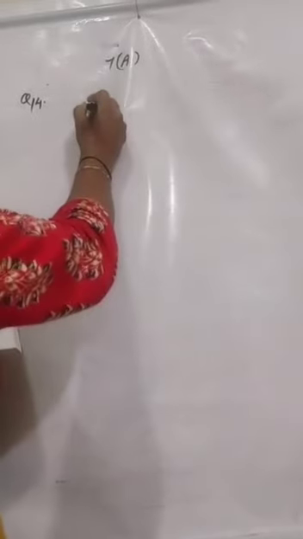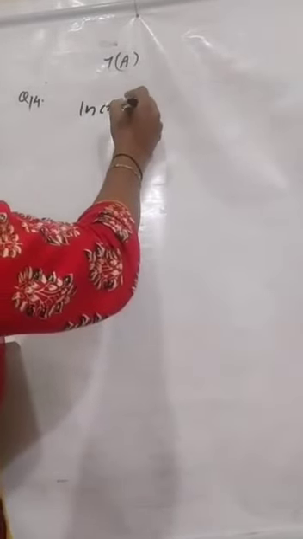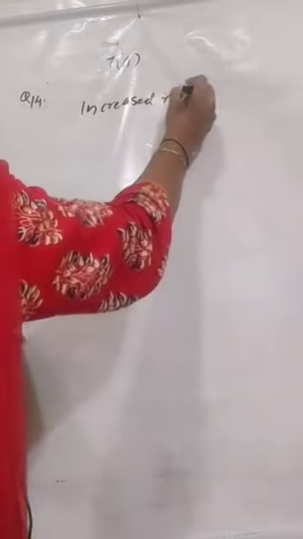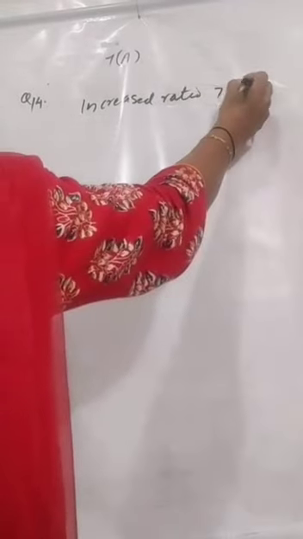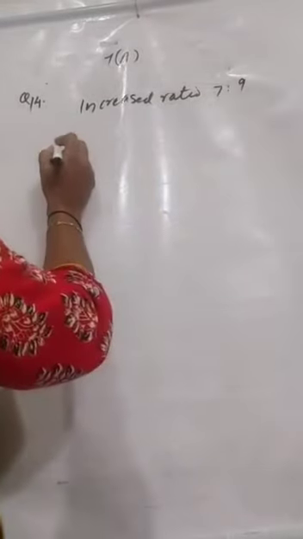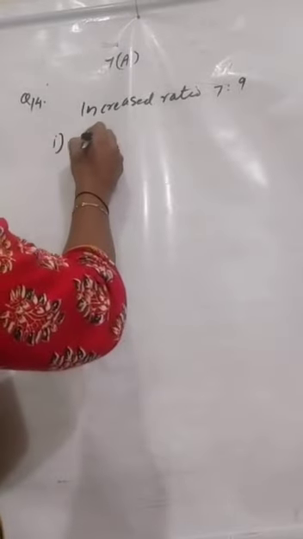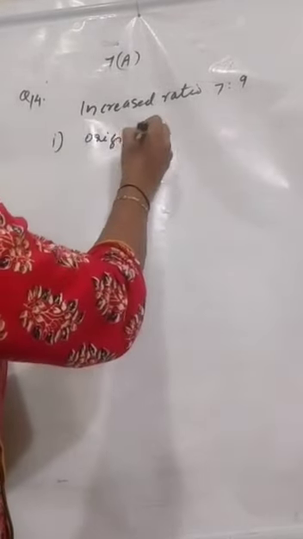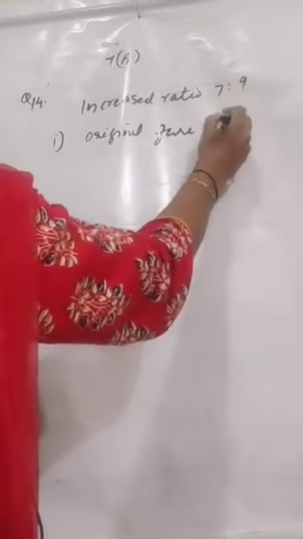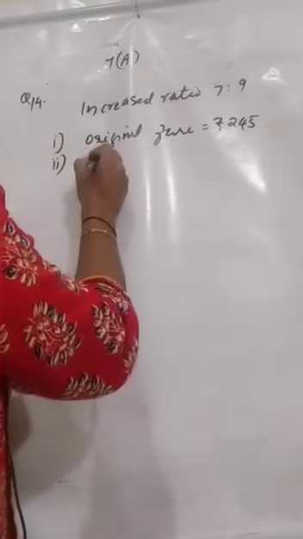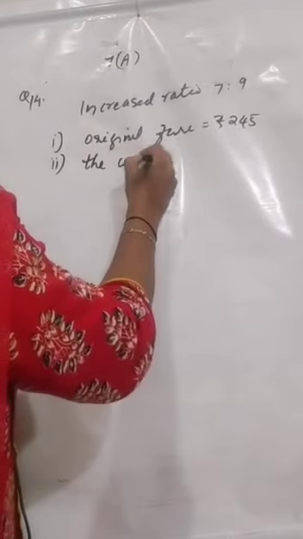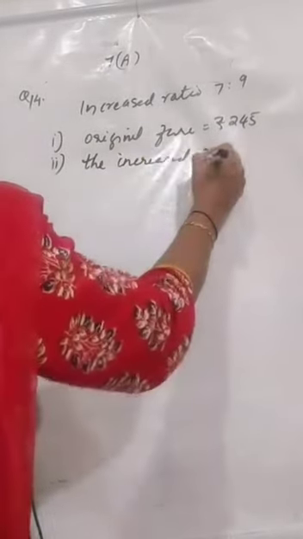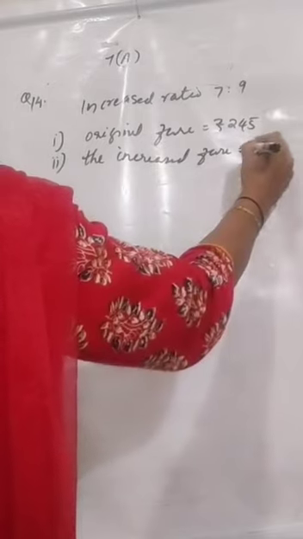The bus fare between two cities is increased in the ratio 7 is to 9. Find the increase in fare if the original fare is rupees 245. And the second question is the increased fare is rupees 207.